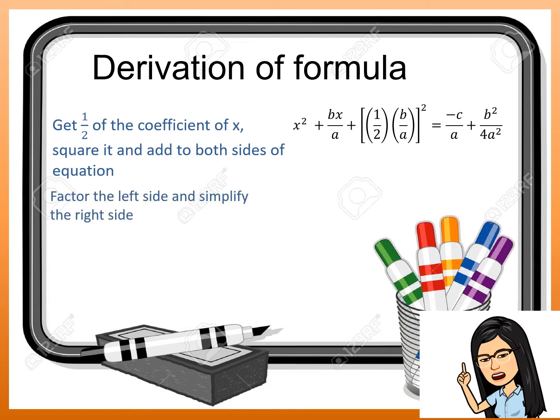Factor the left side. It is the quantity of x plus b over 2a closed quantity square. Simplify the right side by getting the LCD, which is 4a squared.